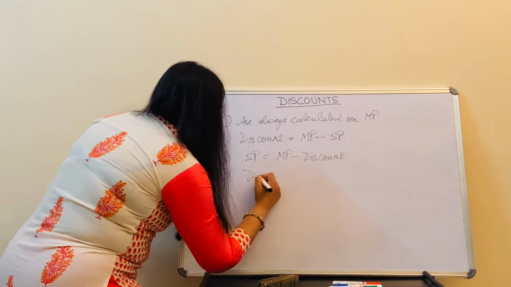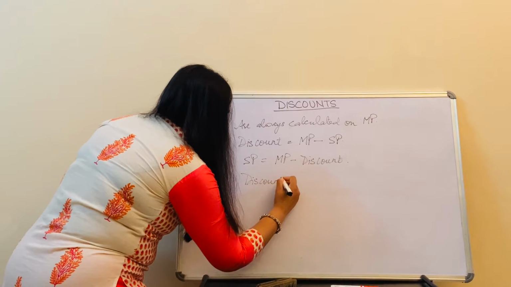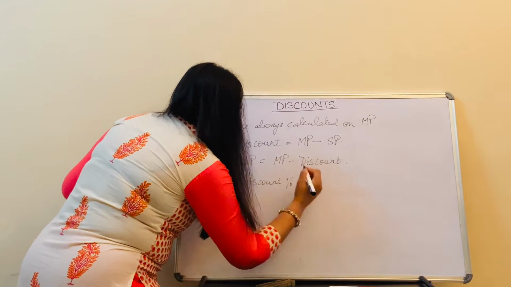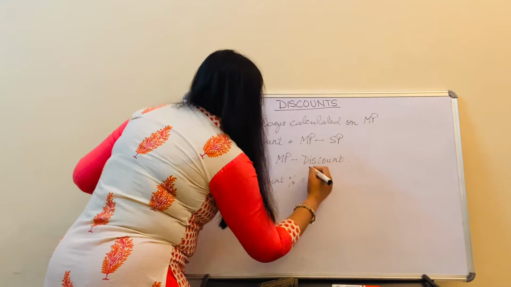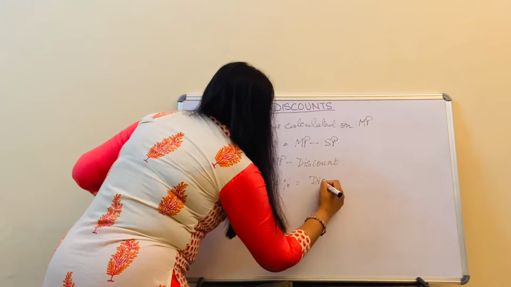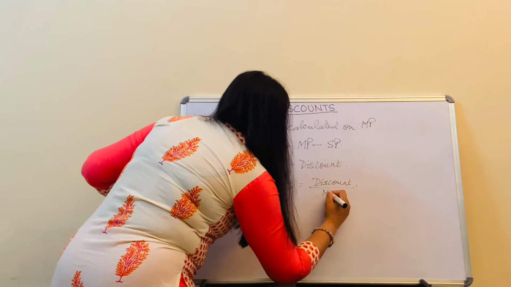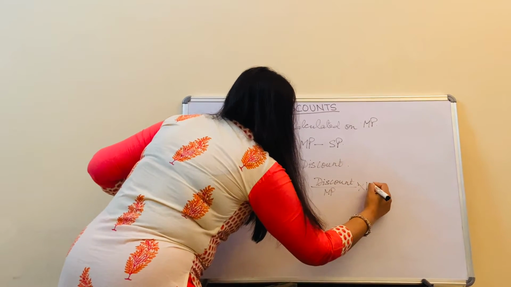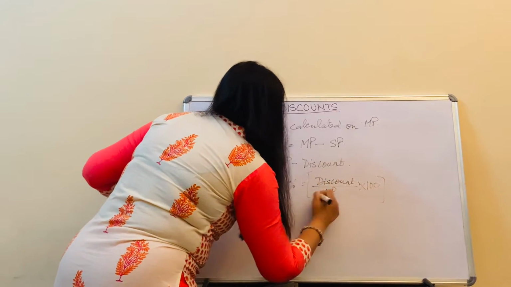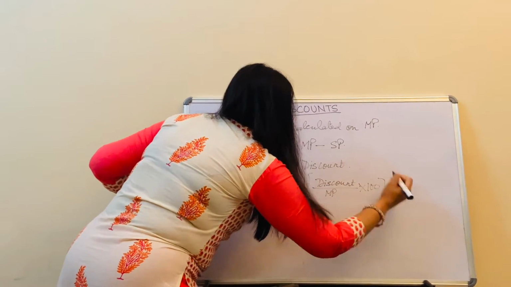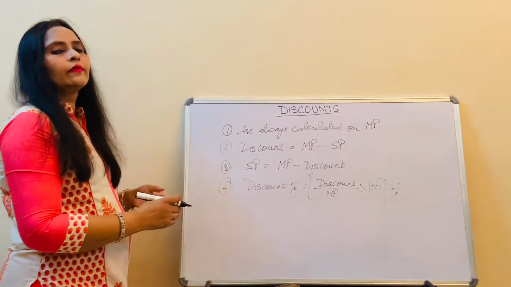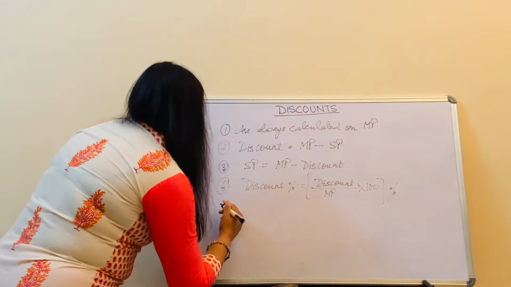Fourth, to calculate the discount percent, we should know the discount price divided by the marked price into 100. We will get the discount percent, meaning how much discount is being offered by the shopkeeper.